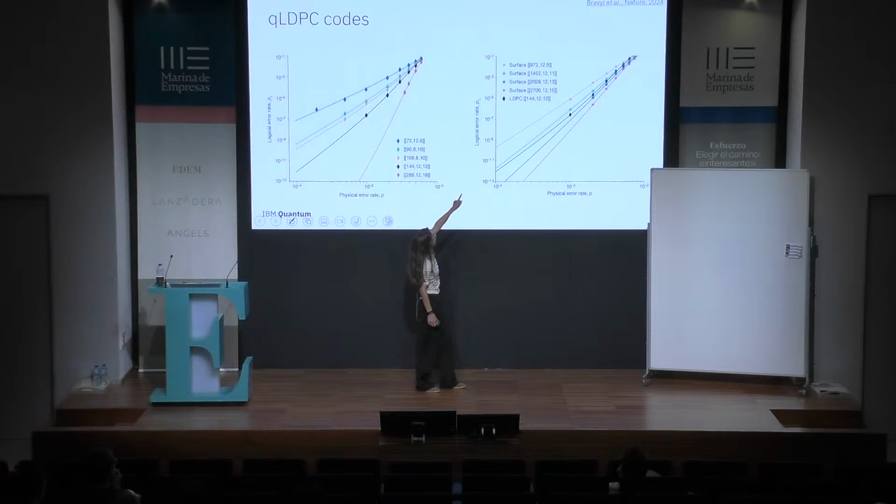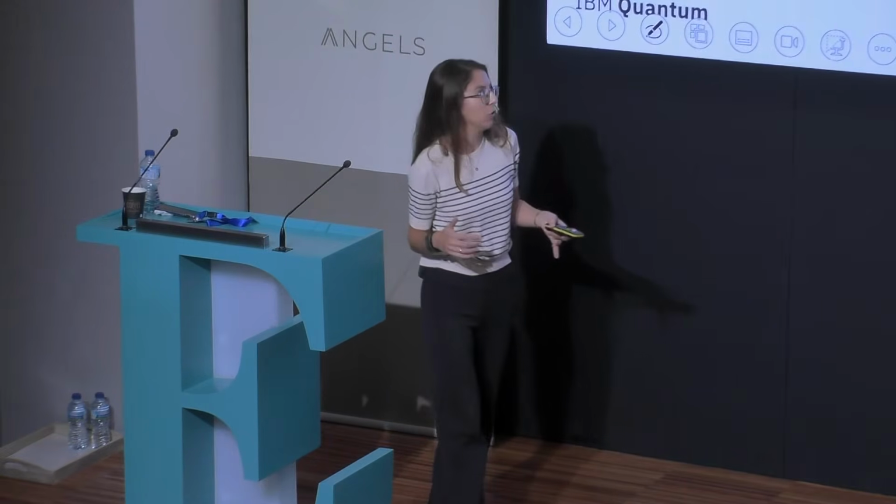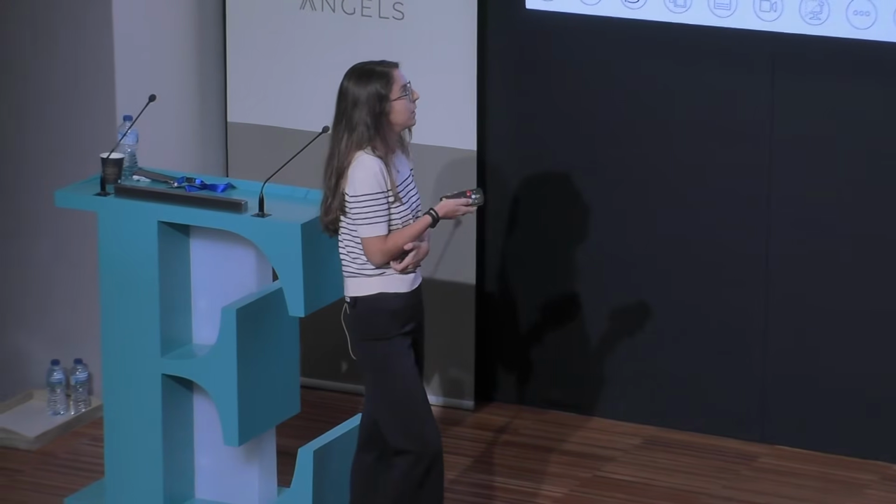Instead of needing 140 physical qubits, you would need 1,400. So this is a 10x increase in the number of physical qubits that you would need. So of course, there is this price to pay of increasing the connectivity, but in exchange, you have to have 10 times fewer qubits to do so. So this is the motivation for why we are interested in these LDPC codes.